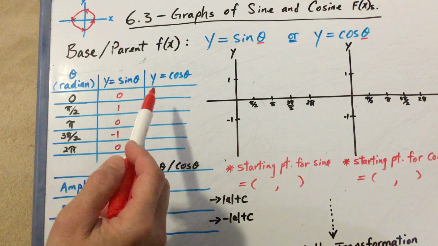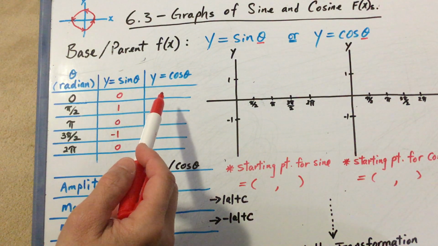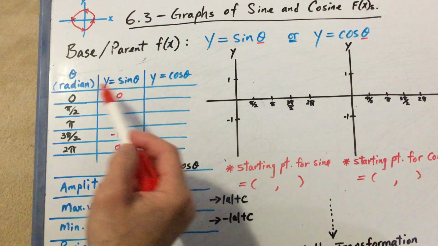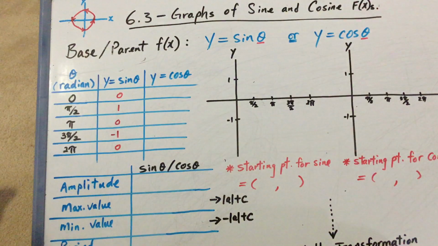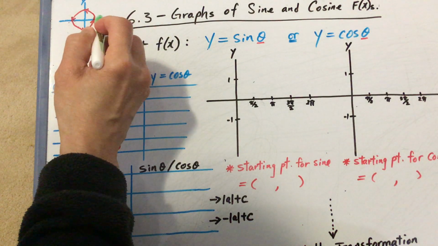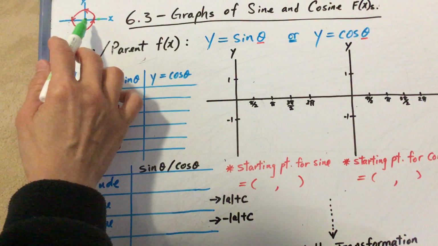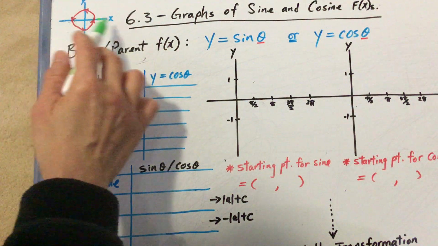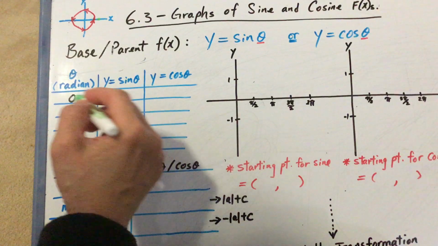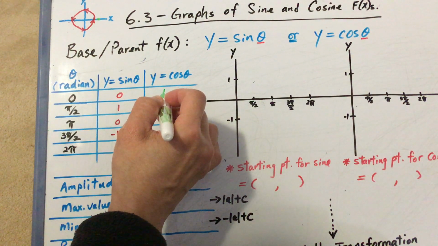Okay, now if you look at the cosine, for the cosine of 0, let me just get a different color here. For 0 degrees, and for the cosine, anything along the x-axis on that side, the cos of 0 will give you a 1.